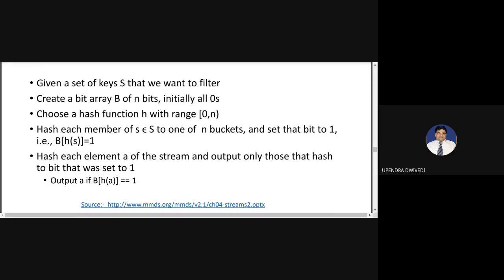So basically, what we are trying to do here is take a single hash function. Its range can be from 0 to n, so that can be the output of the function. Suppose we have a string s1, and when we apply the hash function on s1, it can give us any value between 0 and n.